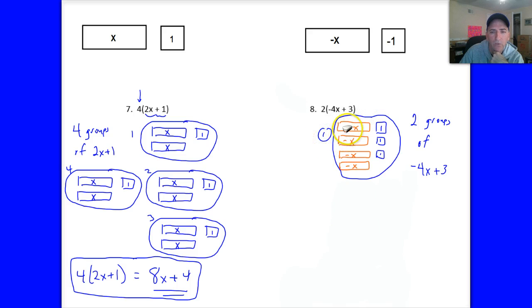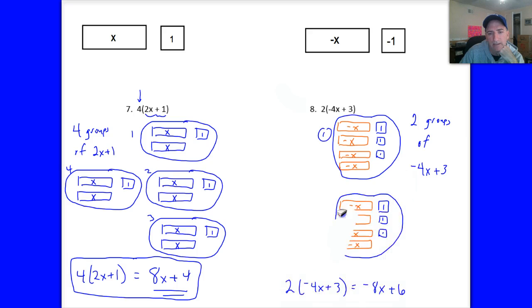If you think for a moment, you can see how I did that. I have one group of negative 4x plus 3. I think I said minus 1 earlier. All right, that's one group, but we need 2 groups, so you should have done that twice. And there is group 2. I didn't write down 2 there, but that's my group number 2.